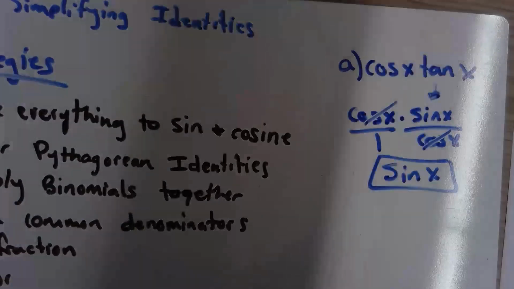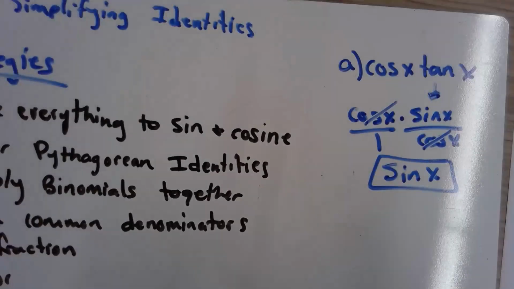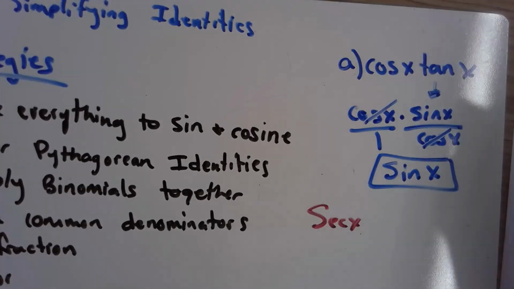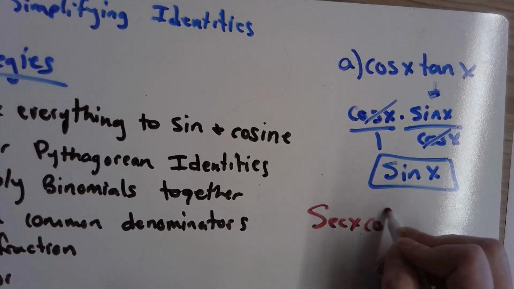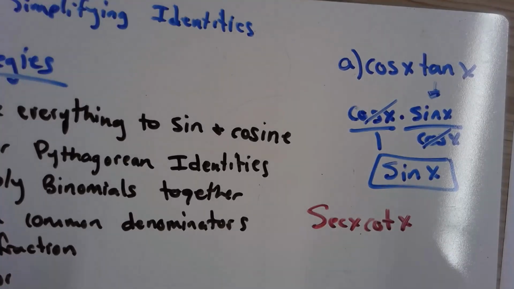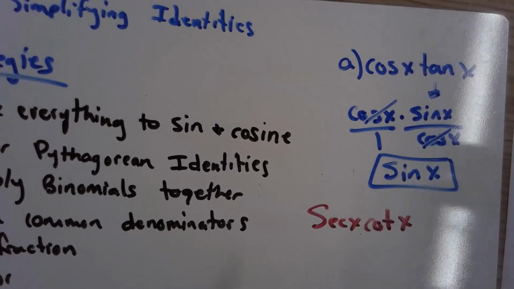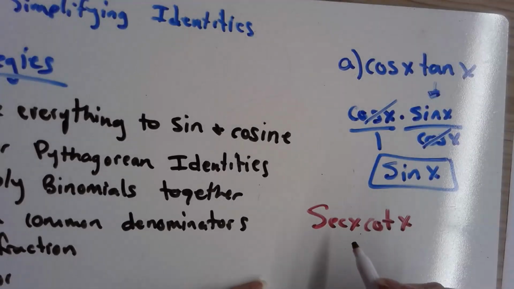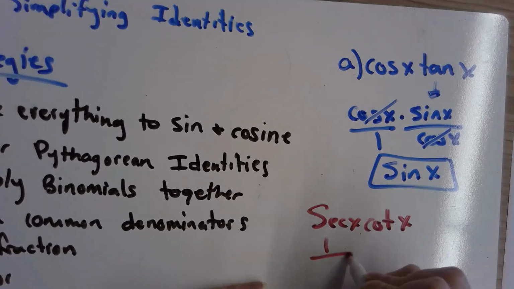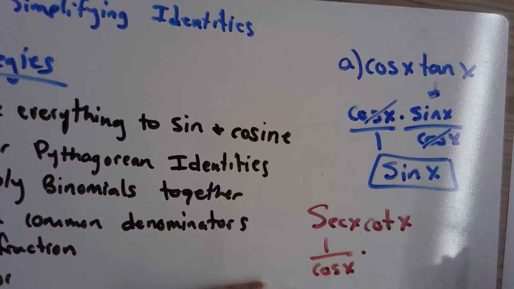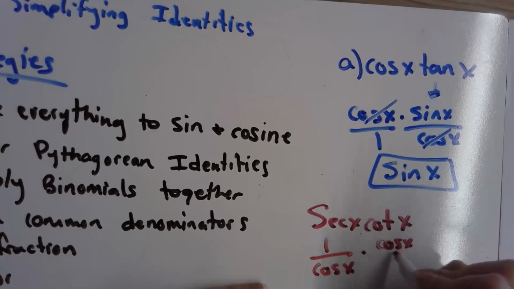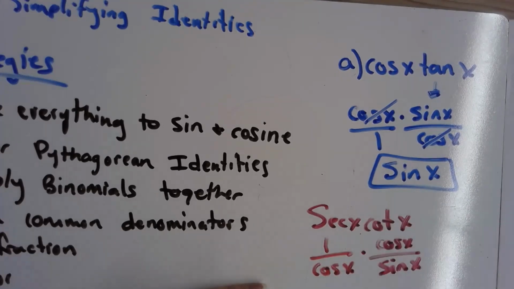Okay, let's try one that's a little bit more complex, not too much, but a little bit. So we're going to do secant x cotangent x. Again, I'm going to change everything to sine and cosine. I'm more familiar with sine and cosine versus the inverse identities. So I know secant is 1 over cosine x times, well, if tangent was sine over cosine, then cotangent x will be cosine x over sine x.